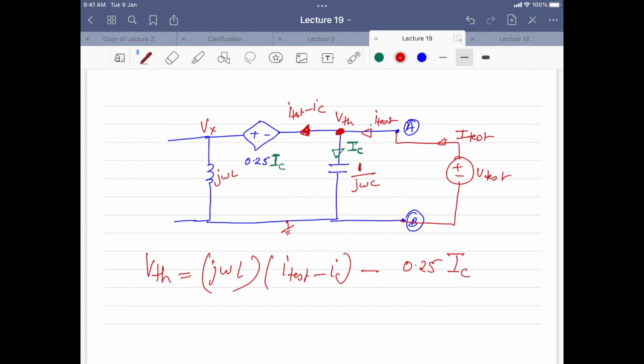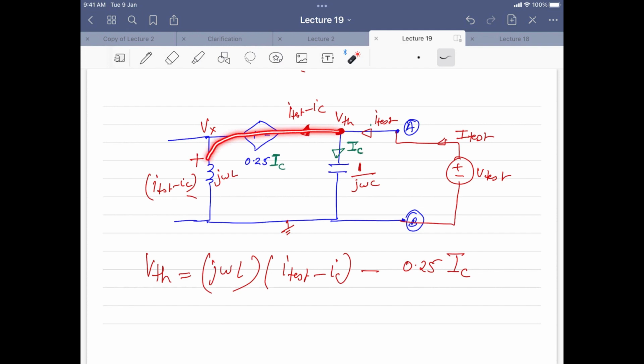If you see here, is it okay? Because you have I test minus IC. In terms of capacitor also we can write, yes. So is it right or not?